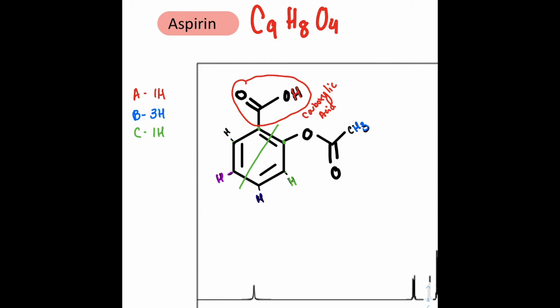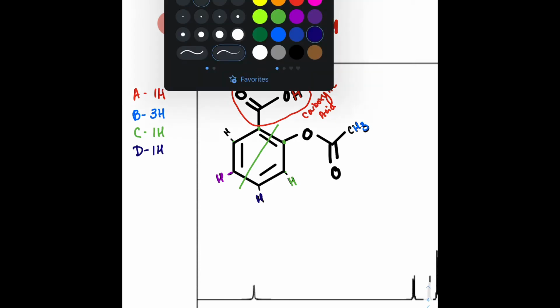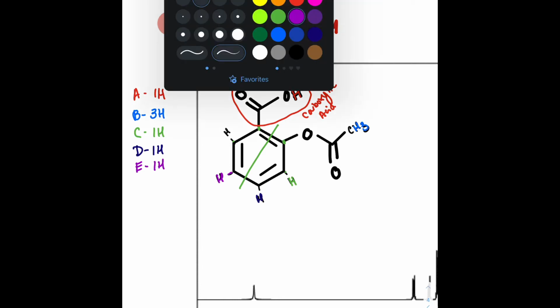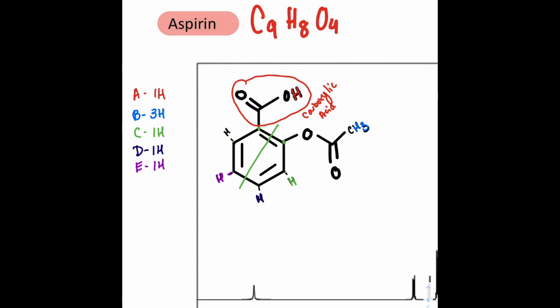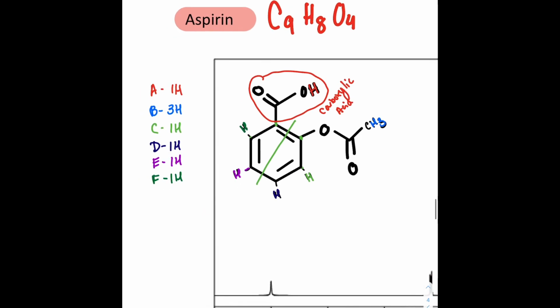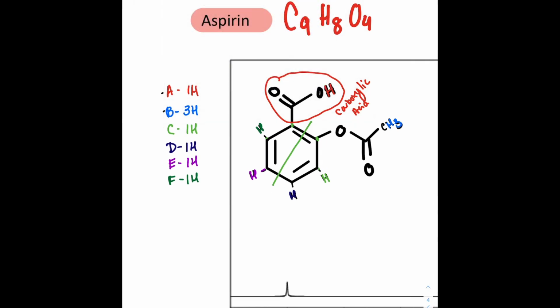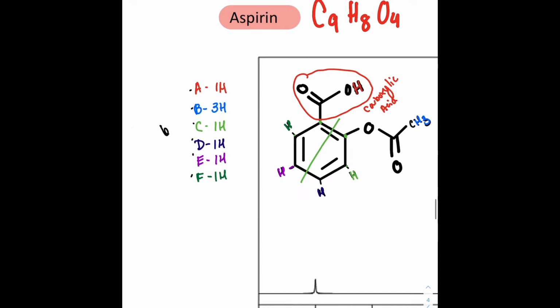And I forgot to start making my little table, sorry. Okay, so let's count these. We have 1, 2, 3, 4, 5, 6 different hydrogen groups.